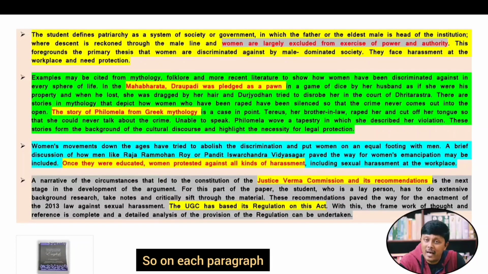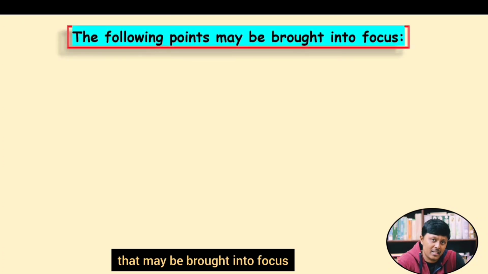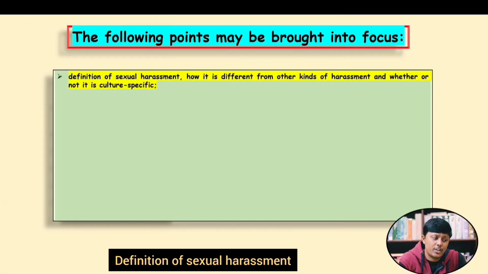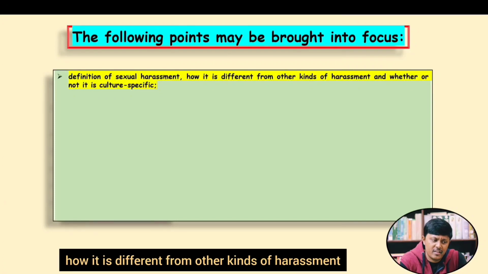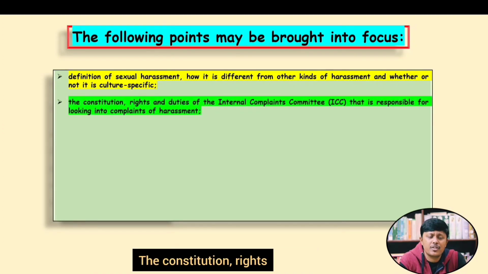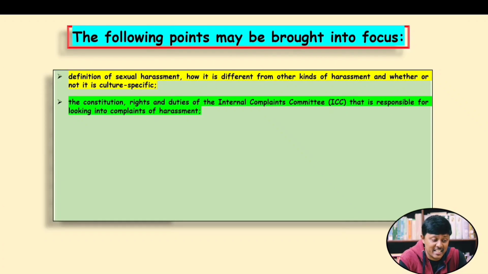So in each paragraph, if you are trying to sum up, or if you are allowing interjection to apply to these paragraphs, these are the points that may be brought into focus. Definition of sexual harassment, how it is different from other kinds of harassment, and whether or not it is culture specific. The Constitution, rights and duties of the Internal Complaints Committee, that is ICC.